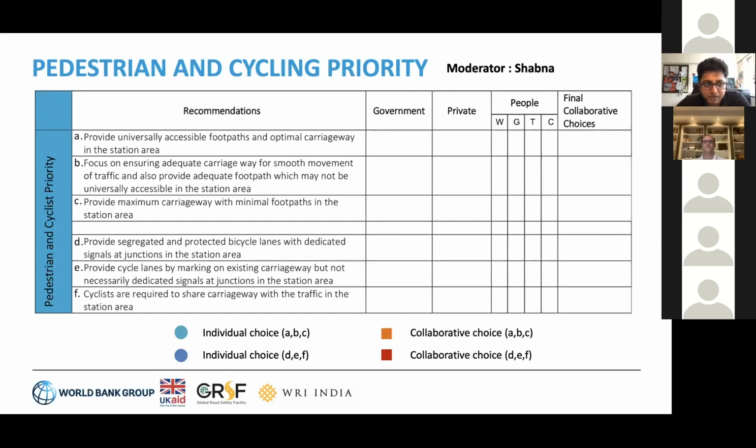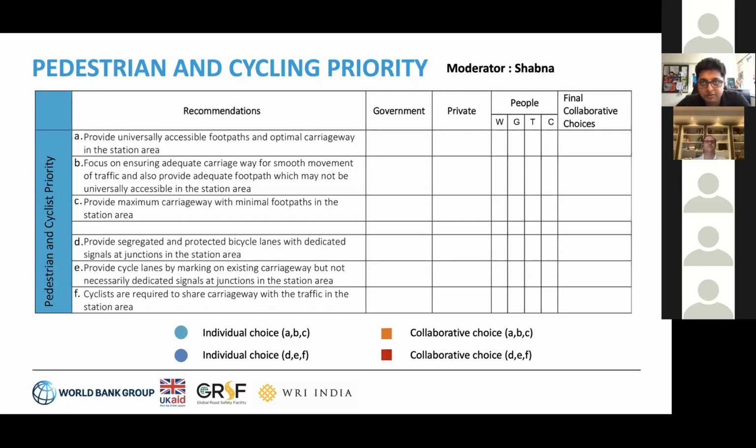Option B, we are talking about focusing on ensuring adequate carriageway for smooth movement of traffic, and also providing adequate footpath, which may or may not be universally accessible, to the station area. This option B is usually indicative of conditions in a general scenario in a lot of cities here, where they try to balance between the carriageway and the footpath.